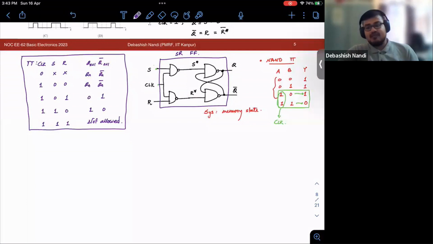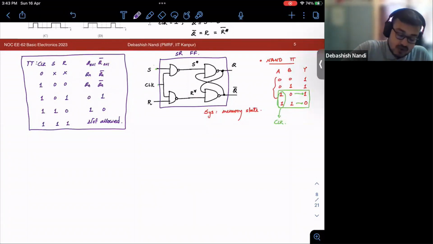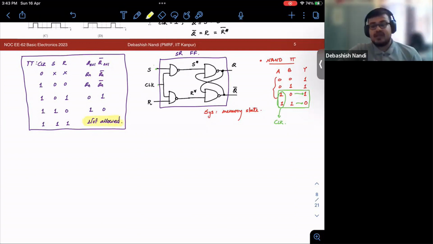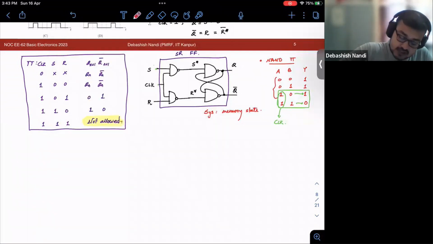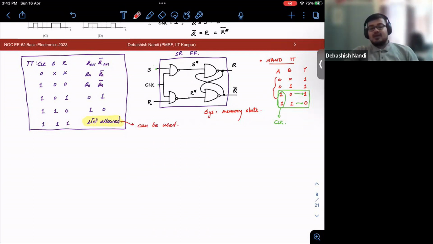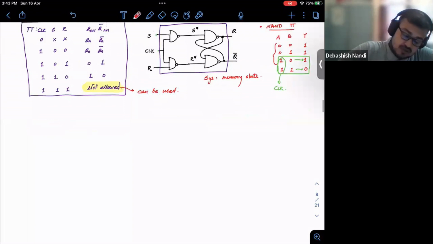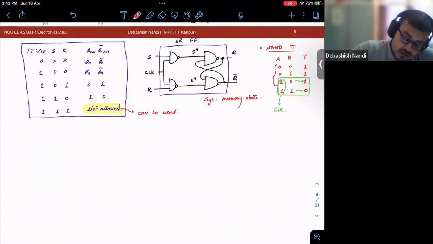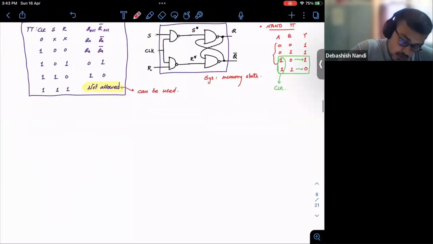Now this stuff has some issues. What are the issues? One issue is that you are wasting one combination, right? So this can be used. How can this be used? The way this can be used is, just let me quickly make the flip-flop.